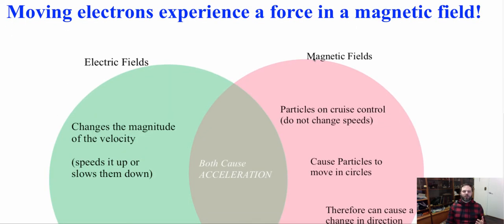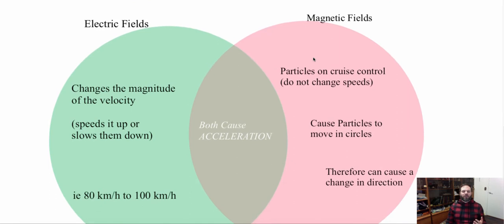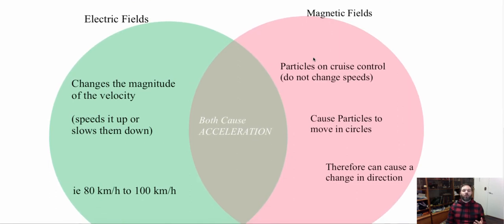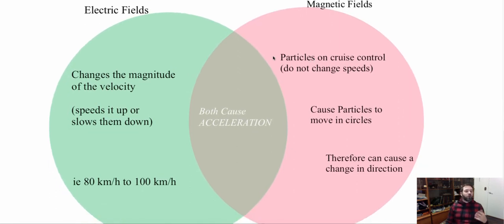So before we get into how that works, I have a Venn diagram here for you to copy down, which compares how electrons or charged particles move in electric fields compared to magnetic fields. Now, both of these, electric and magnetic fields, cause the charged particle to accelerate. But the electric fields change the magnitude of the velocity, so we'll either speed it up or slow it down.